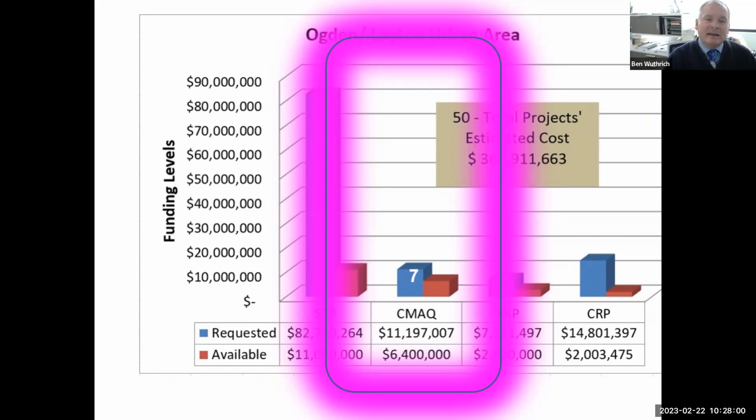The guidelines didn't come out until we were well into the TIP process last year, so we couldn't even start programming till this year. Federal projects take at least 2 to 3 years to move through the process, so we were fearful we would have issues with the front years. So we found eligible CMAQ projects and moved them into the front years of the CRP, which gives us more CMAQ money to program this year. The front 2 years of the CRP program are projects that you recommended in past years. So we have 6.4 million to program this year.